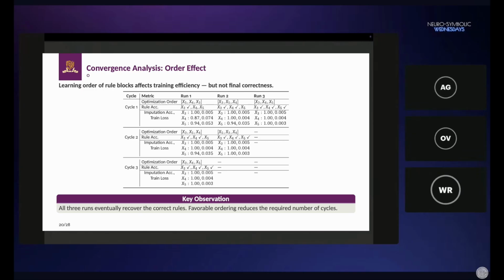For example, this is round 1 for some seed, round 2 for another seed, and round 3 for another seed. In round 1, if we first optimize x5, it cannot be correct because we don't have the correct x3 and x4. Because x5 is based on x3 and x4, if we first train x5, it will be wrong, right?